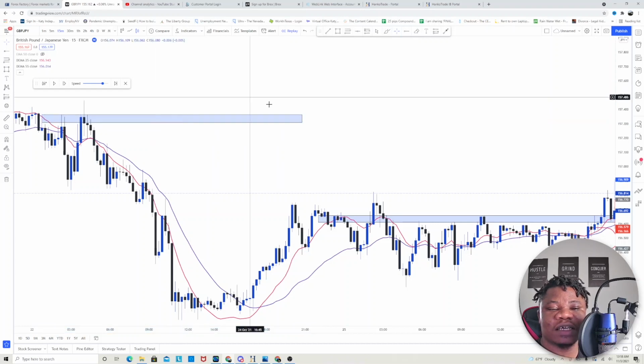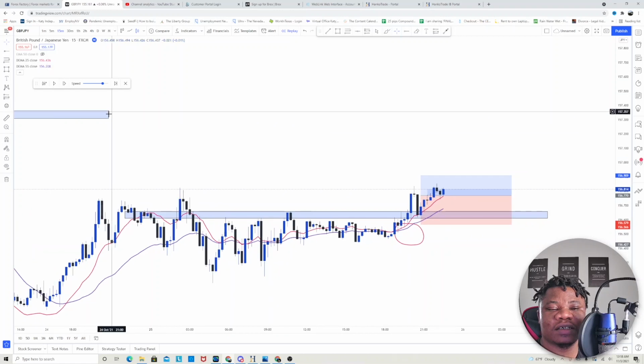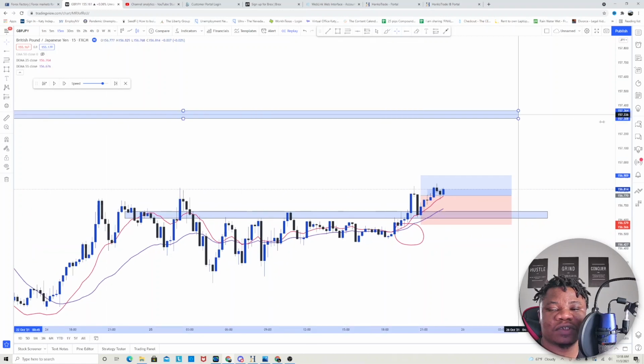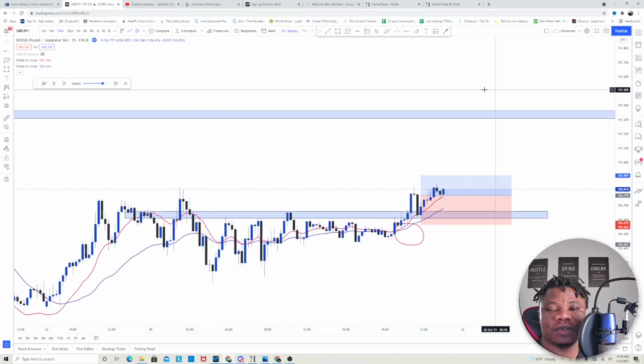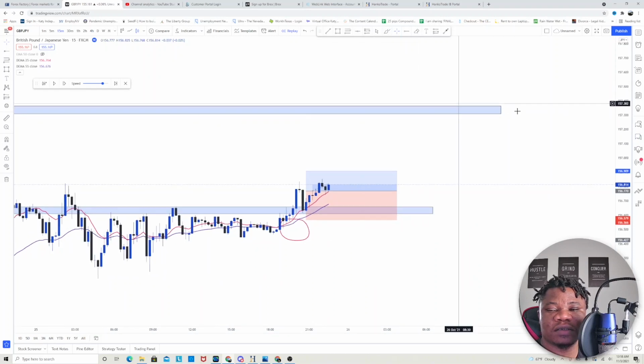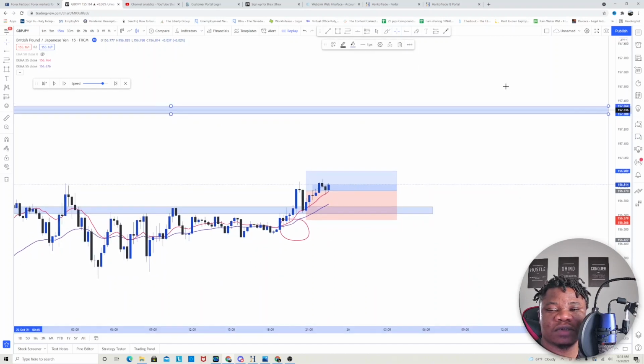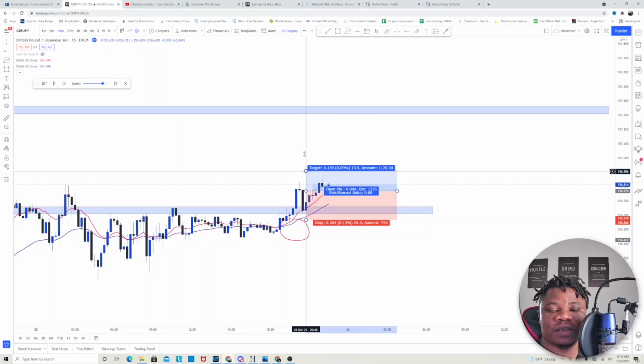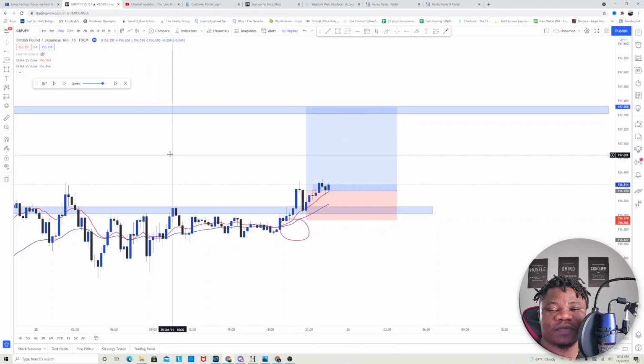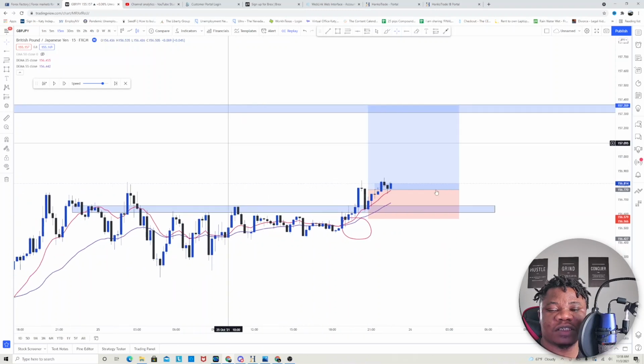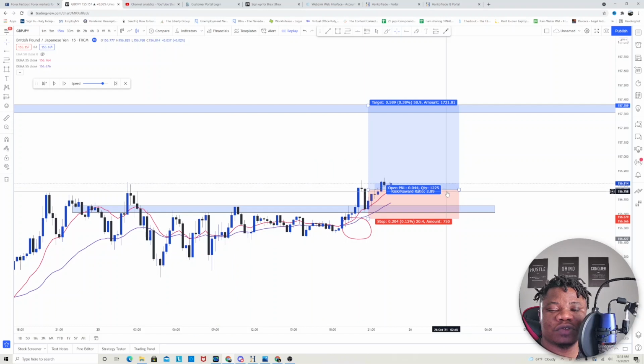So we can target that zone right there, and all we have to do now is just drag this all the way here, and we can move this all the way up for our take profit target. And we have that for 58 pips, almost 60 pips, risk reward ratio 2 to 8.